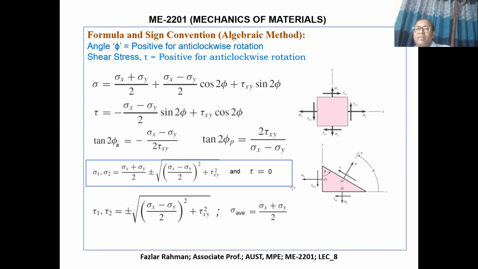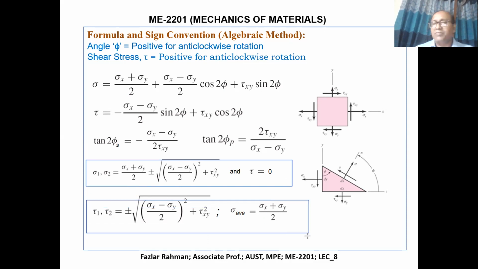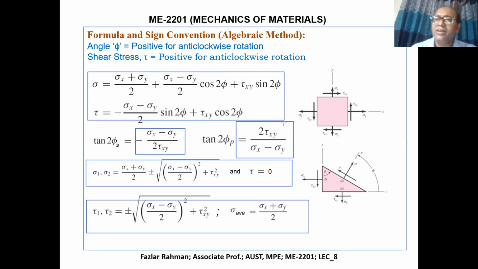So that is one issue. Similarly, if you use this equation directly, you cannot say what the angle 2 phi s equals. So I feel it is better that you first figure out the angles 2 phi s and 2 phi p. You figure out the two angles, then you put those two angles in the mother equation. Then you get the sigma and the tau.